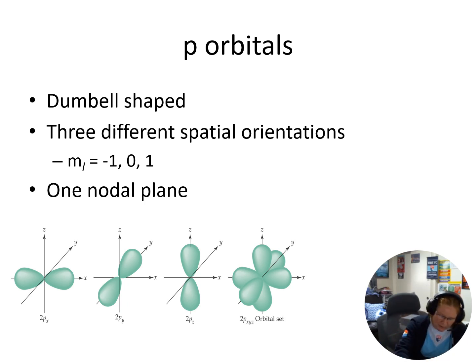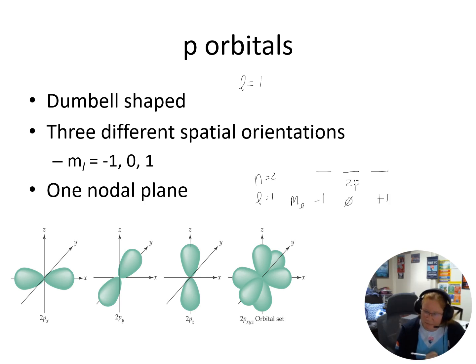So for our p orbitals, our L is equal to 1, which is why we can get the M sub L of -1, 0, and +1. All right, so, for example, if we have our 2p, here we have an N that would equal 2, and L that equals 1, and then when we look at our M sub L, we do the -1, the 0, and the +1 across like that.